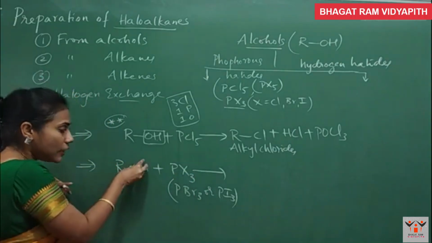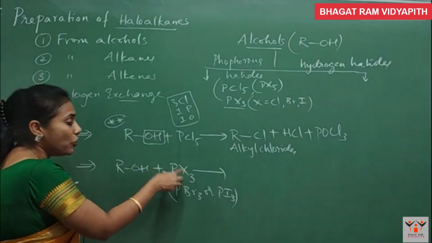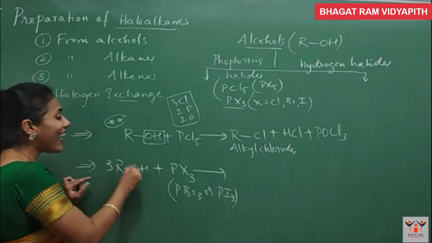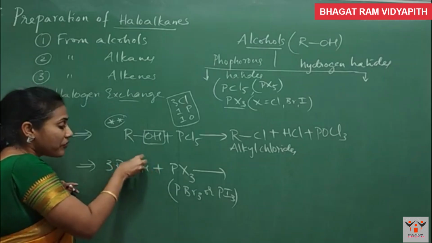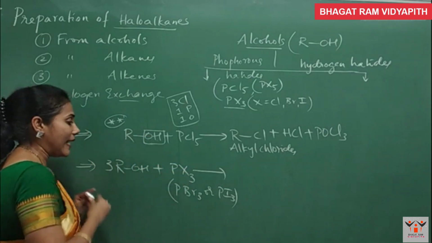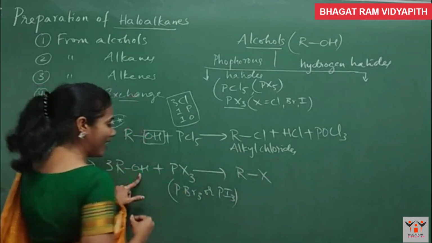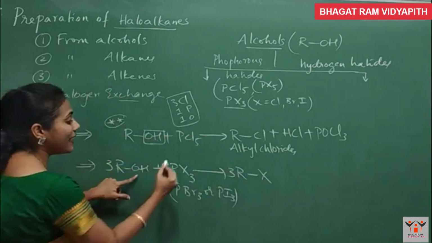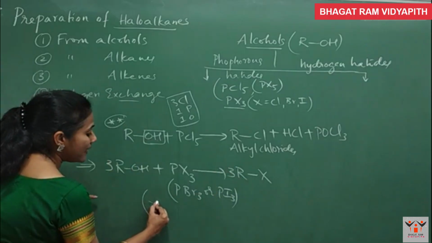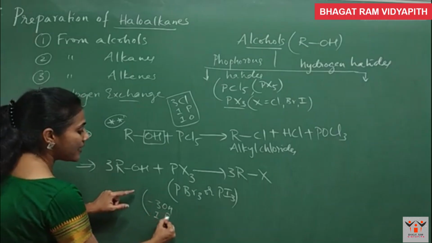Here also the OH groups are getting replaced by X. So you have to use 3 alcohol molecules, so that in the 3 alcohol molecules the OHs are replaced by X. If I replace OH by X, I'll get RX, isn't it? 3 molecules. And now what is remaining, guys? 3 OHs are remaining and 1 phosphorus is remaining, right?